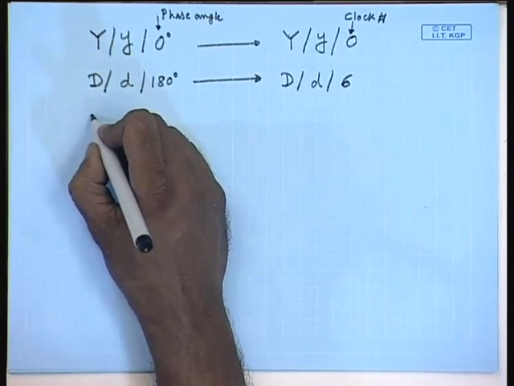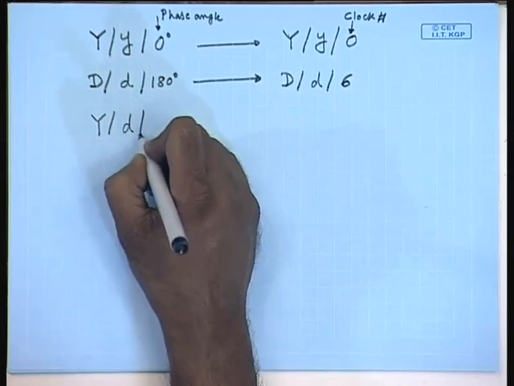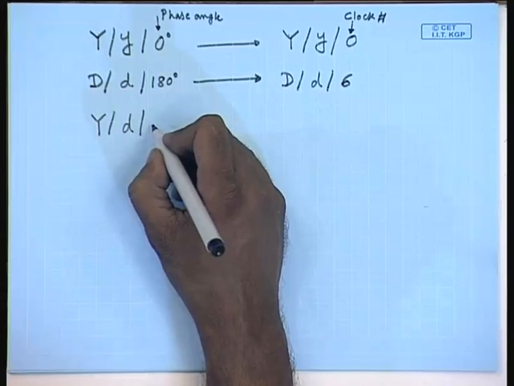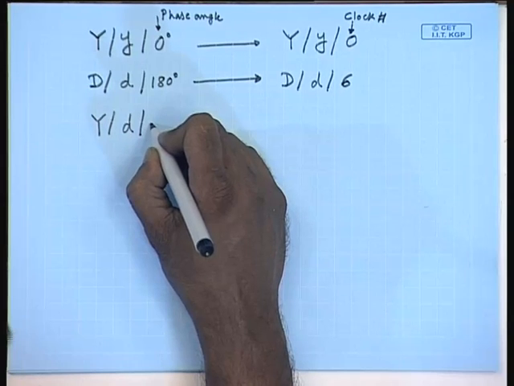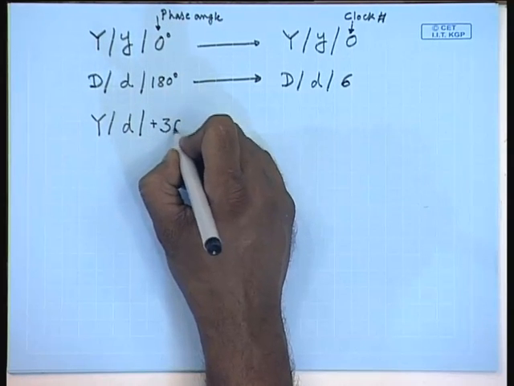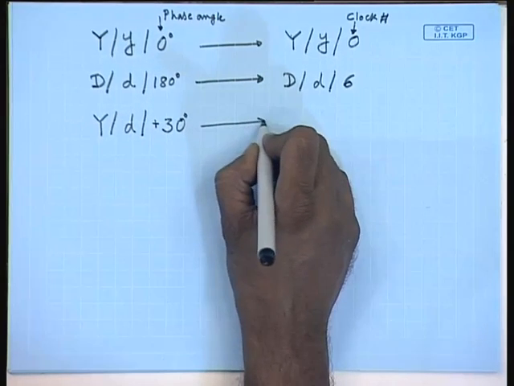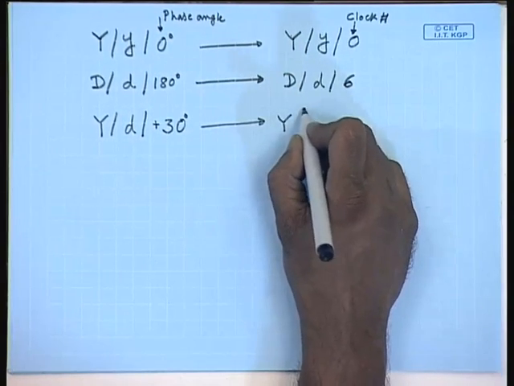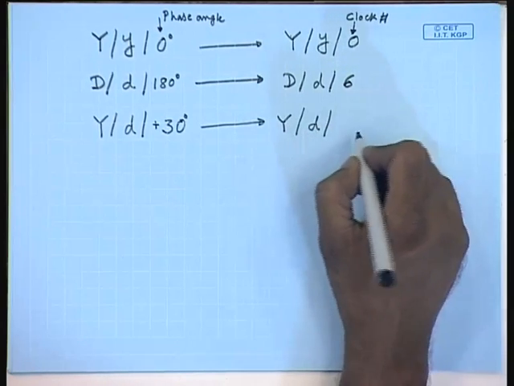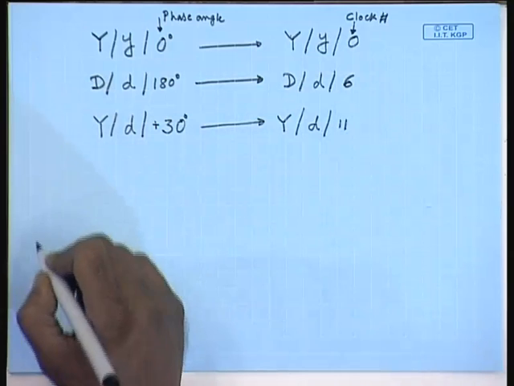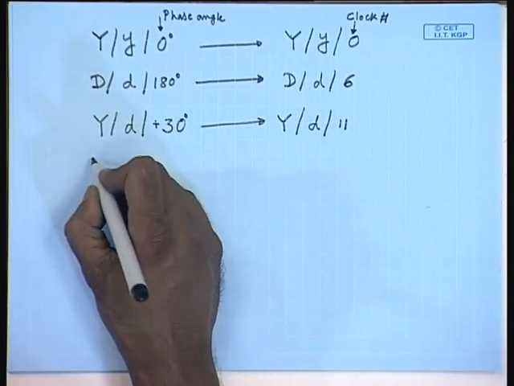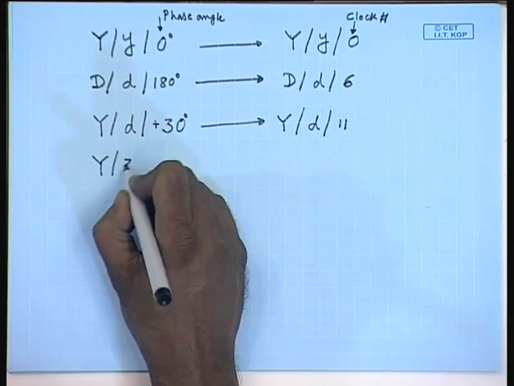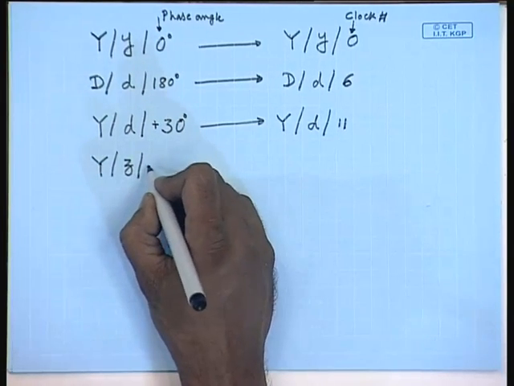Let us say Y D plus 30 degree. The corresponding clock number representation will be YD 11. Let us say Y Z minus 30 degree.